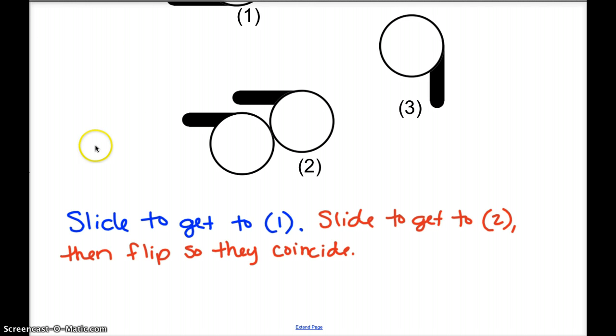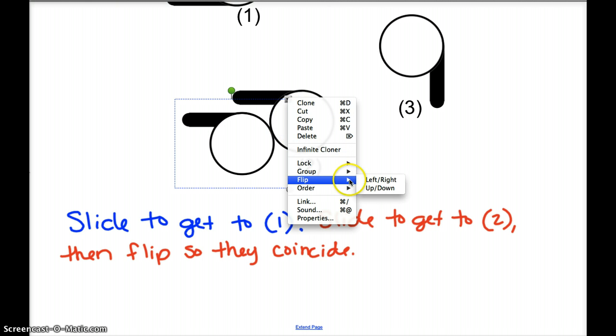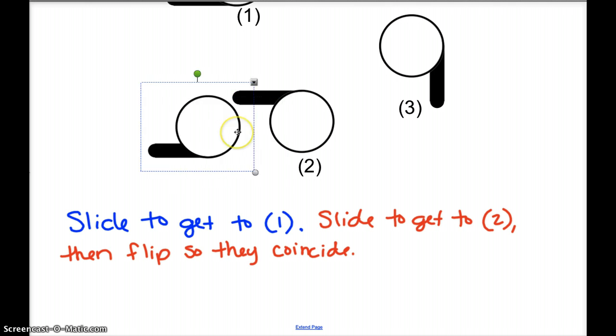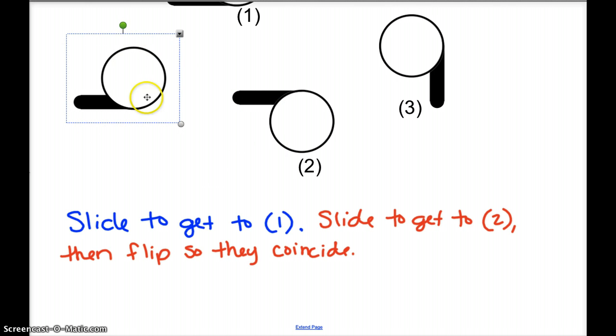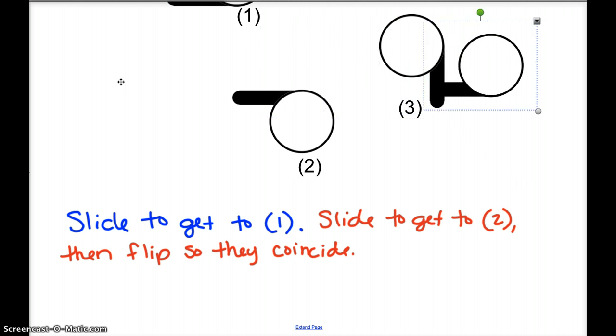Now, if we come back, and I'm going to put my shape back to the way it was, and I'm going to move it back over here. The last thing we need to do is get to image number 3. So, first thing we're going to have to do, just like all the others, is slide it over here.